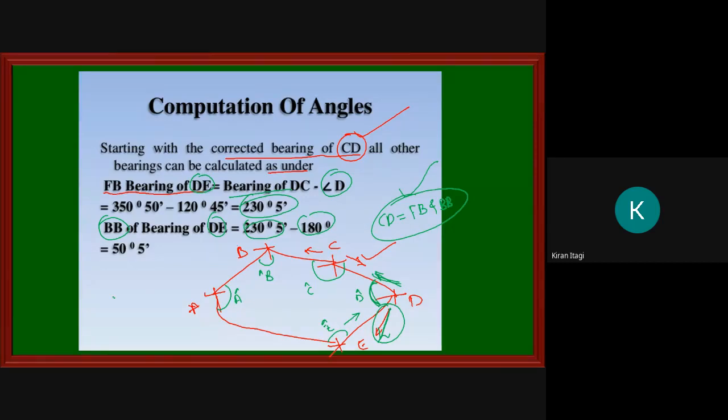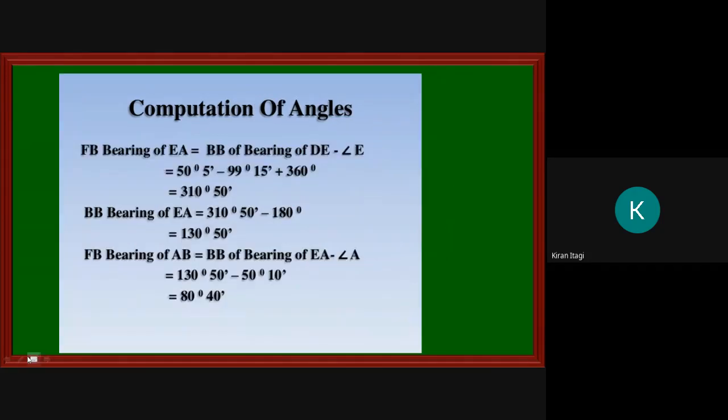With the help of forward bearing, we determine the back bearing by adding or subtracting 180 degrees. Similarly, the forward bearing of line EA is calculated with the help of angle E. Now we have got the forward bearing, so we deduct 180 degrees and get the back bearing of line EA.